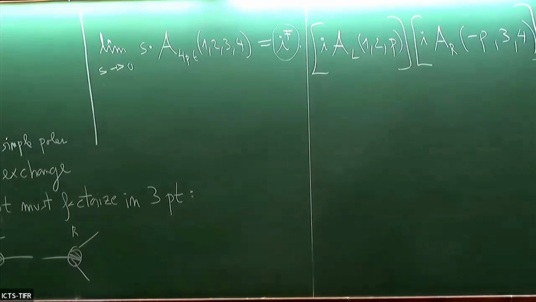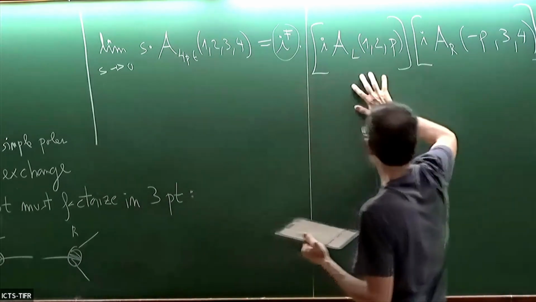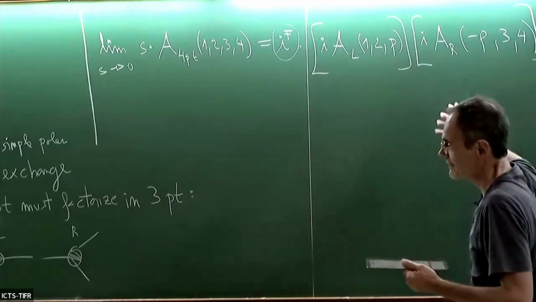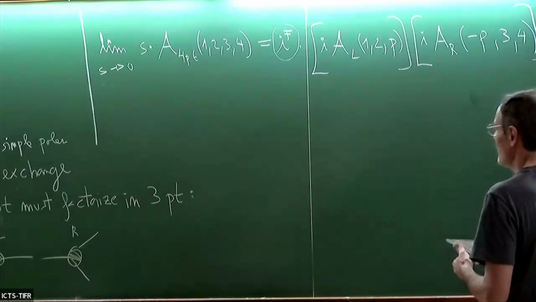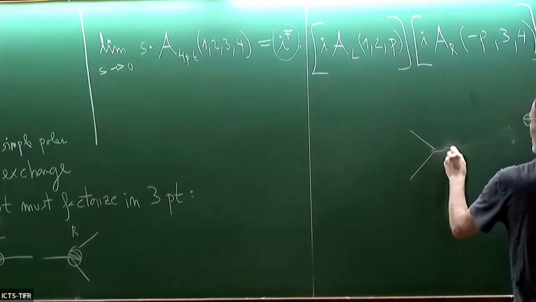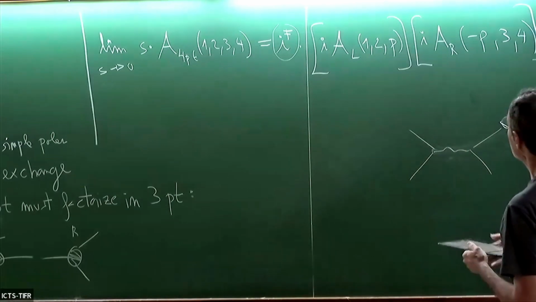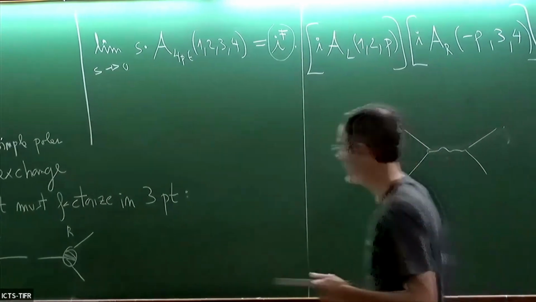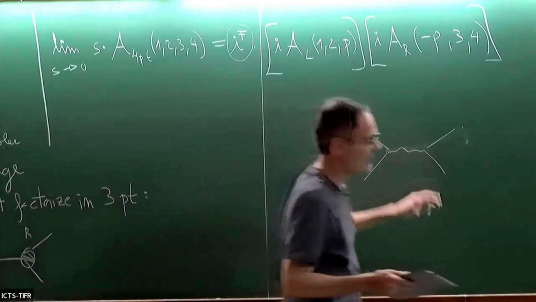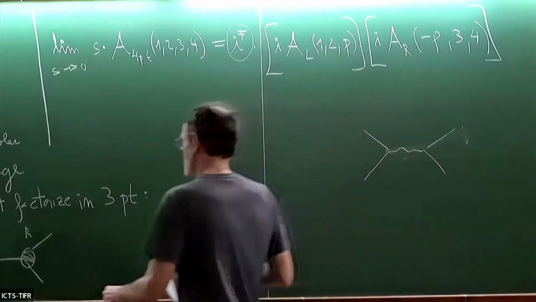The key point is that S times the amplitude, when S goes to 0, is a product of 2 on-shell amplitudes. You know it happens when you calculate with the Feynman rules and you have a production of a particle: you can get on-shell, and it is the product of the 2 on-shell amplitudes.